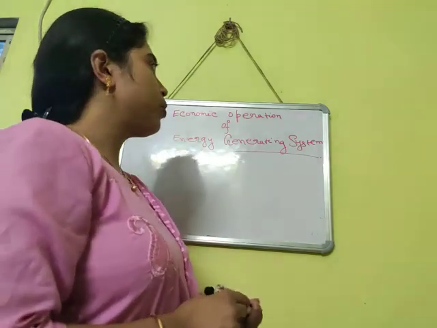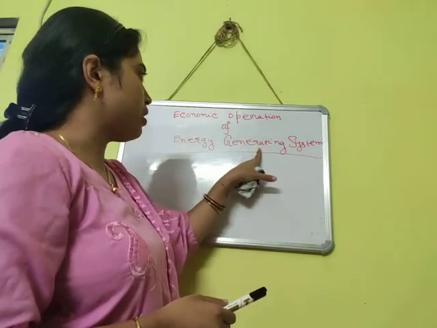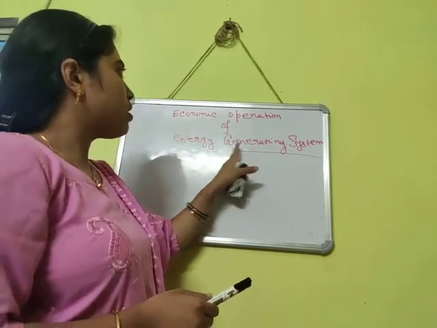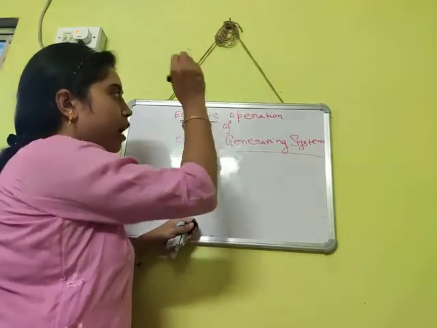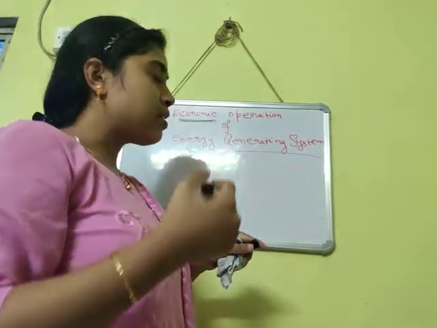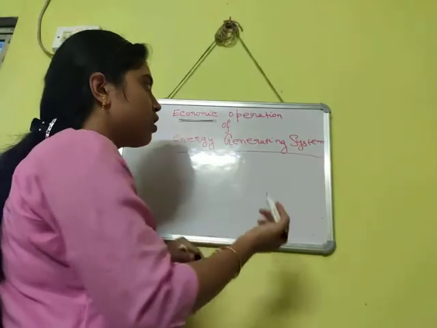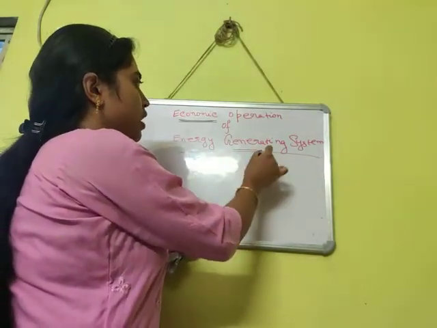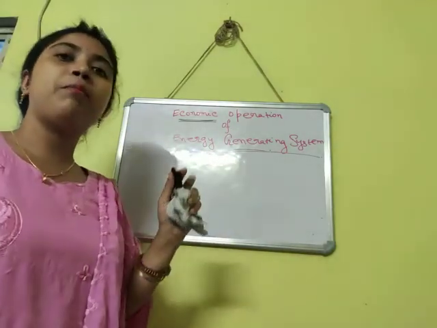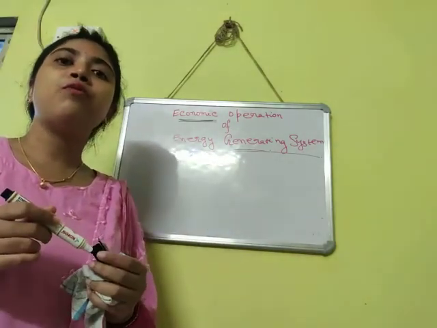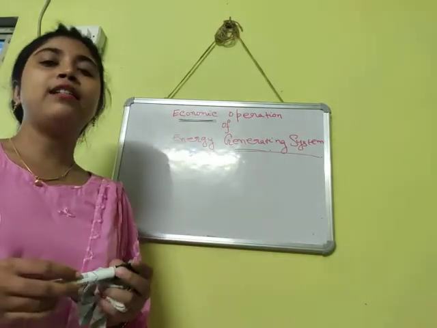Next, move to our topic, Economic Operation of Energy Generating System. From the term economic, we can understand what it means, that is, what is the function of the energy generating system. The main aim of that topic is the minimization of the total fuel cost of the generating units.